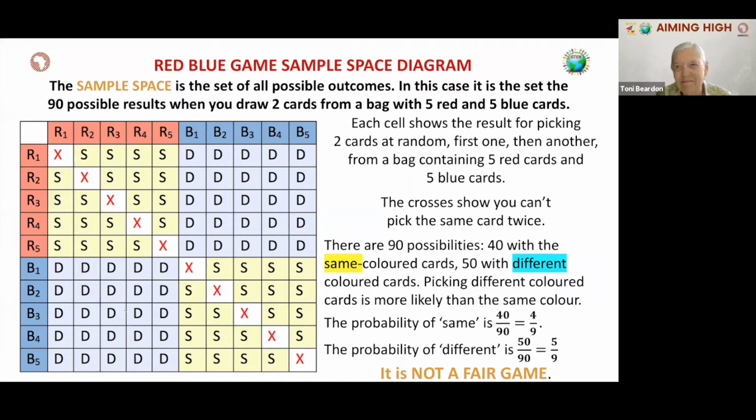It is those X's which make this game fail to be fair, because there is no way you can pick the same card twice, one after the other. So with this slide, we can conclude that this game was not fair.